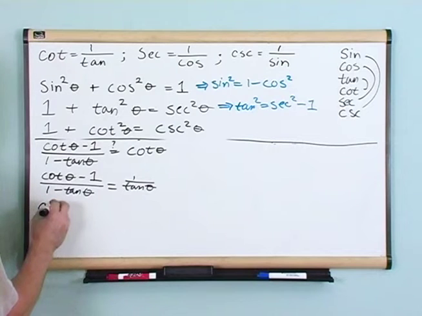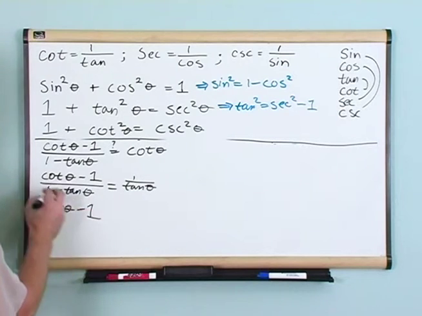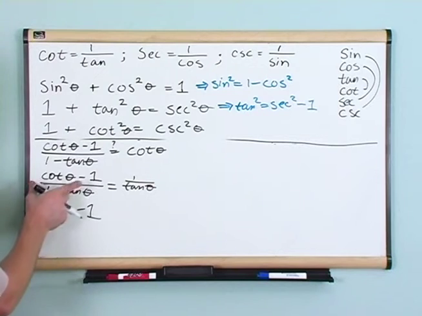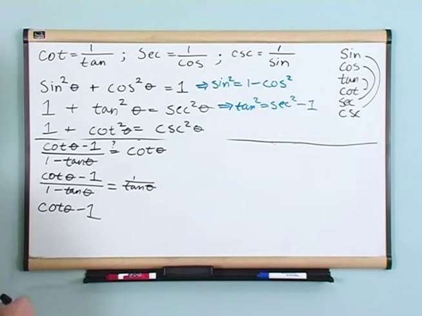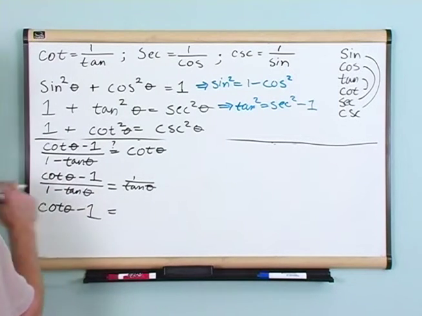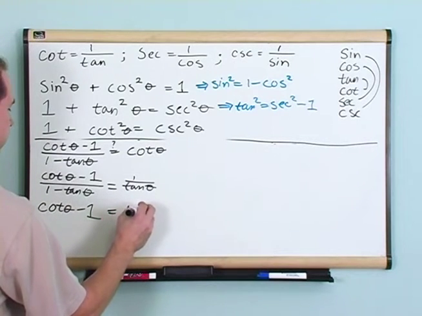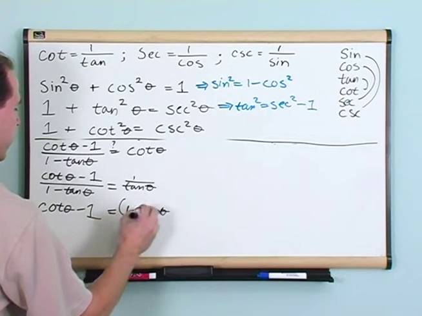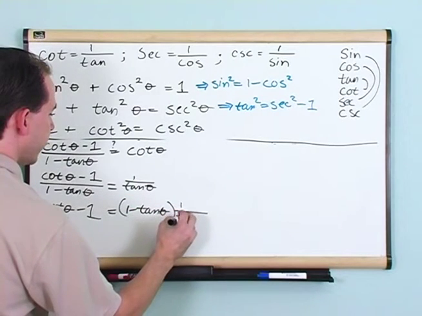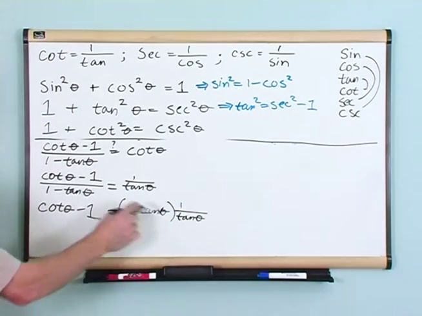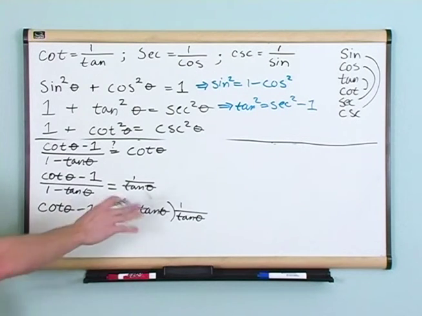On the left, I'm just going to get cotangent theta minus 1, because the denominator cancels. When I multiply by 1 minus tangent, it will cancel on the denominator, so I'm left with the numerator. And then I'll have 1 minus tangent times 1 over tangent. I haven't actually multiplied yet, I've just written it out.